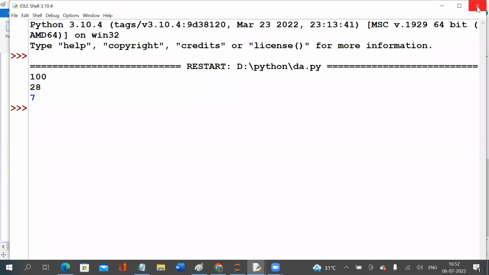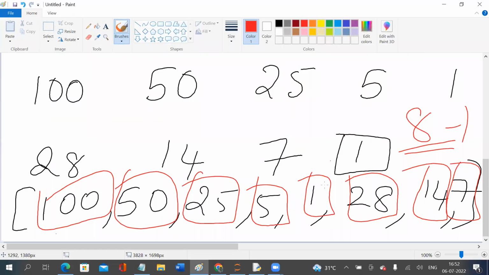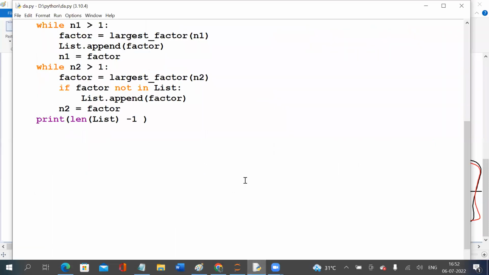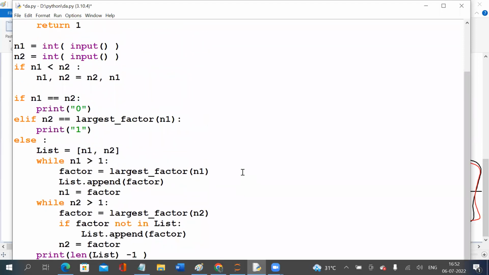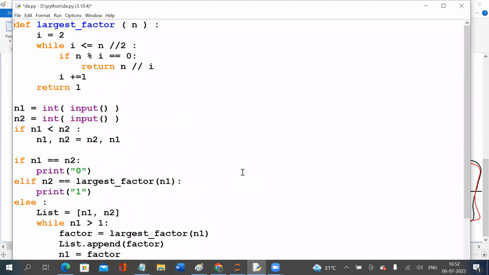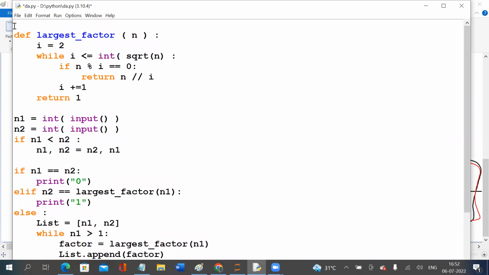To reduce the number of iterations, we can change the logic. Here, instead of n by 2, we can take the integer value of the square root of n. You explore this. To get the square root, you must import math.